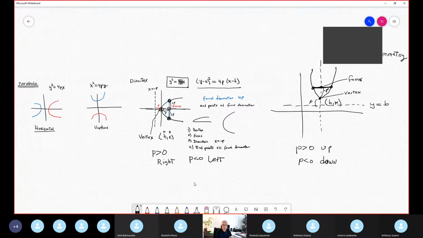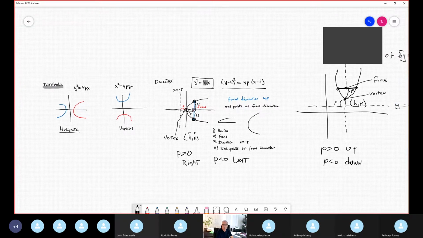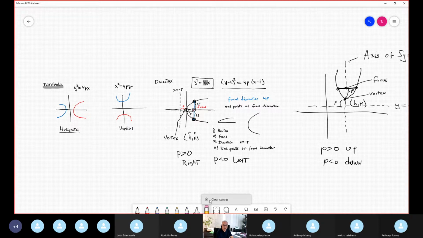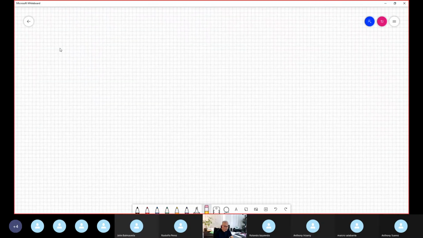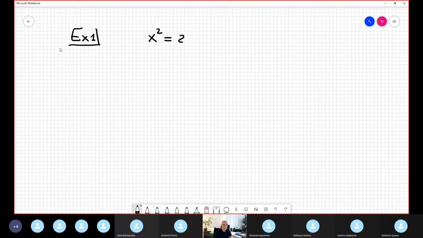Okay, let's see an example. Let me start with an easy example. Example 1: x squared equals 8y. Now what is the job?